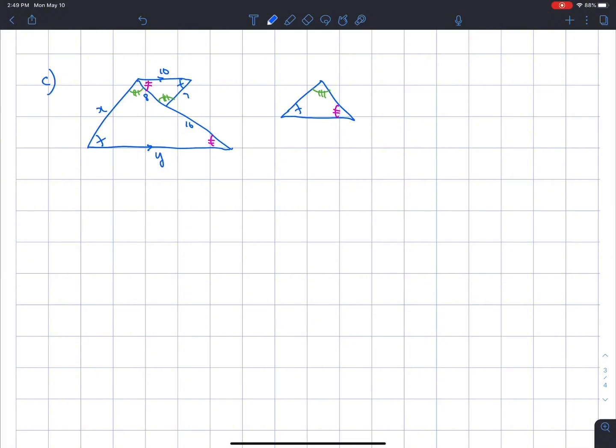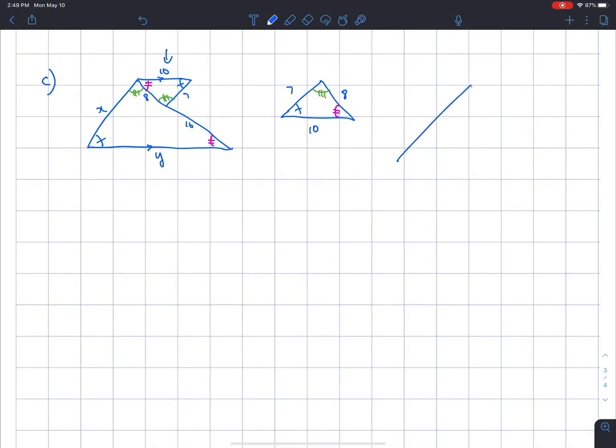So to label the side lengths, in between angle 2 and angle 1 is 10. And then in between angle 1 and angle 3 is 7. And the last side is 8.